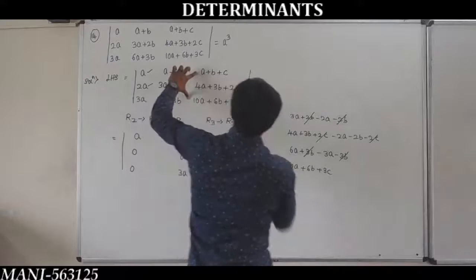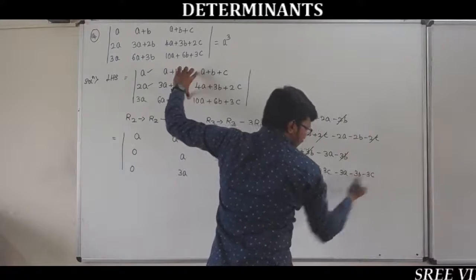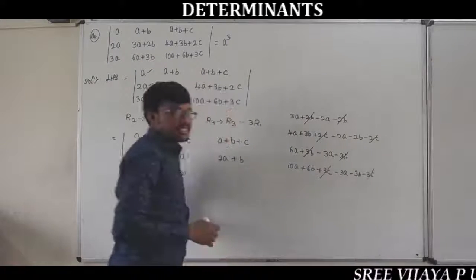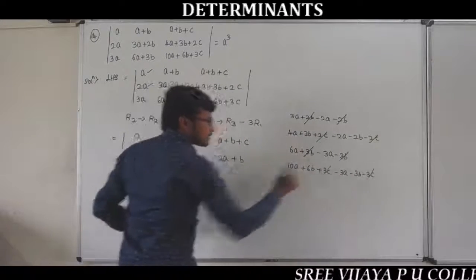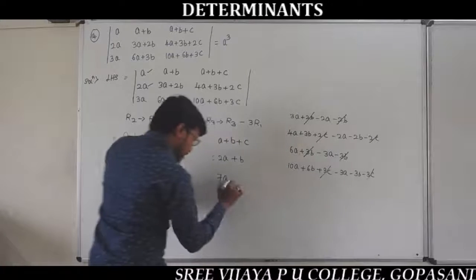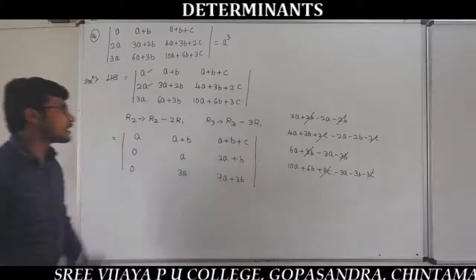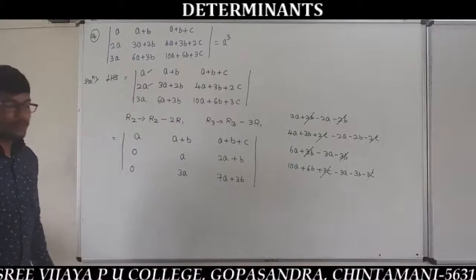For this, multiply R1 with minus 3. You get minus 3a minus 3b minus 3c. Plus 3c minus 3c gets cancelled. 10a minus 3a is 7a, and 6b minus 3b is plus 3b. So this is about R2 and R3.